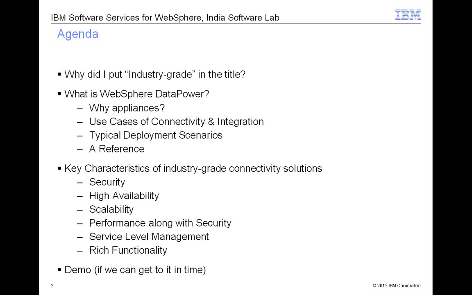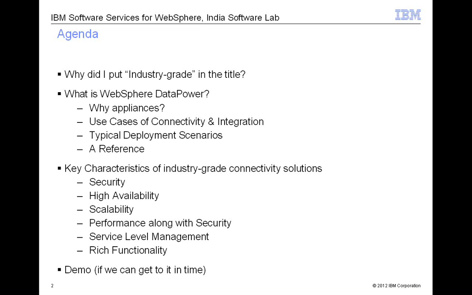Again, this is in relation to DataPower. One of the good things that I like to describe is a typical deployment scenario, for architects and consultants who have joined in. It'll be good for you to understand how DataPower is positioned in enterprise architectures, and I'm also going to give a small reference. Apart from that, as I've promised in my abstract, I'm going to be describing the key characteristics that I believe should be in an industry-grade connectivity solution.